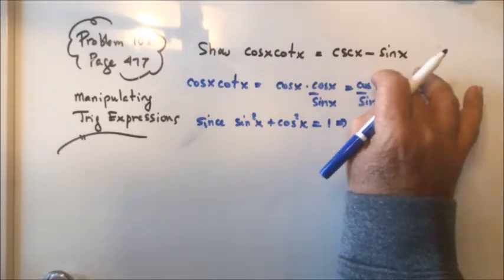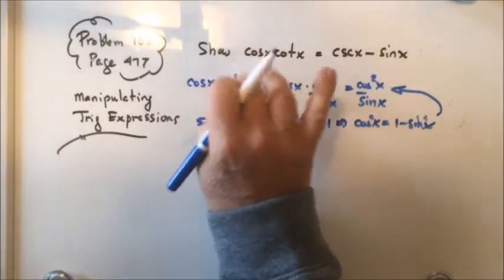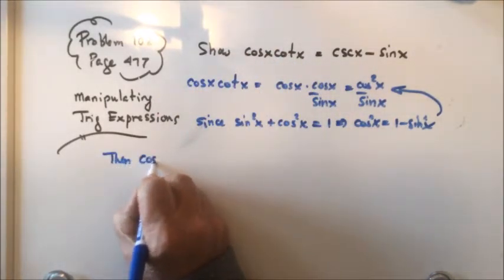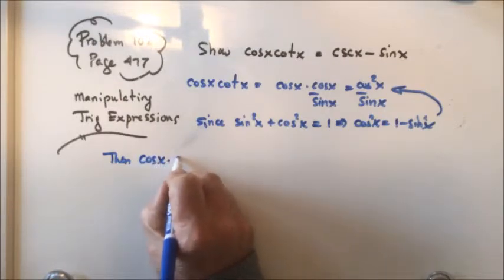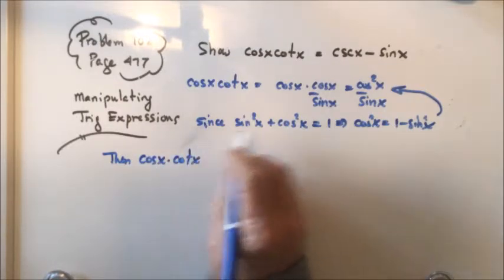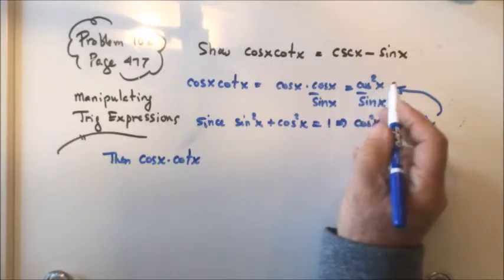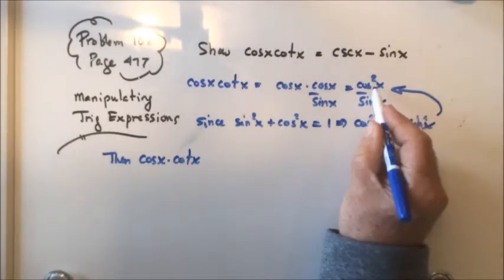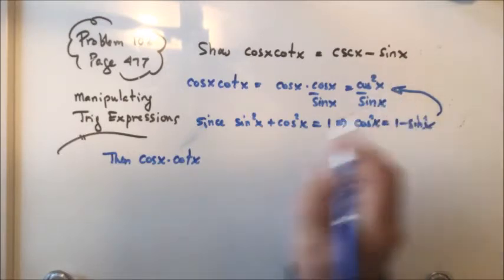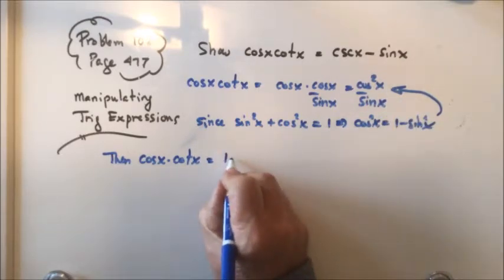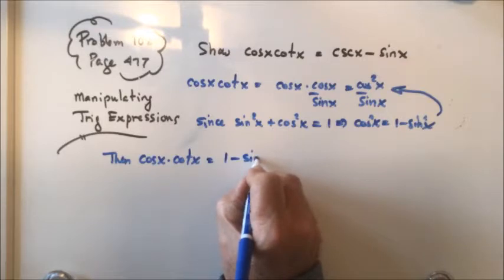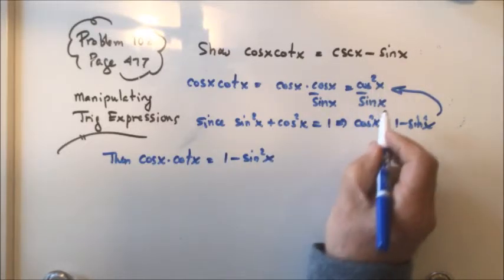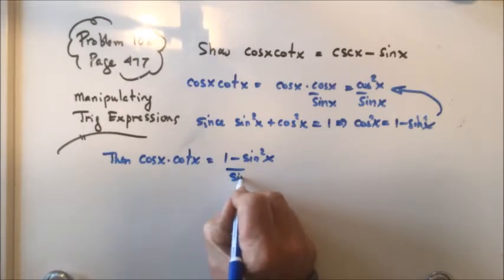So I'm back to this line of reasoning now. This left-hand side, which we converted to this, I'm going to convert to this by substituting in, where I see cosine squared x, 1 minus sine squared x, there's the cosine squared x rewritten, divided by sine of x.